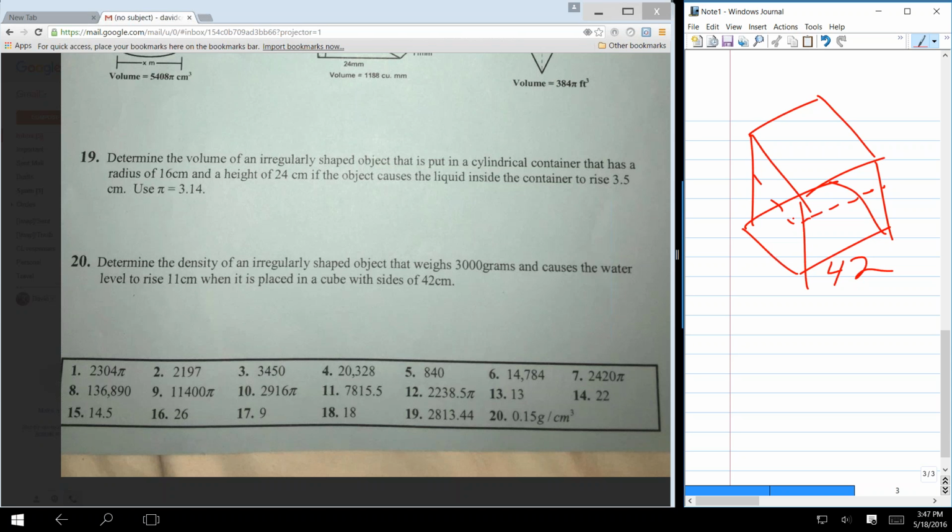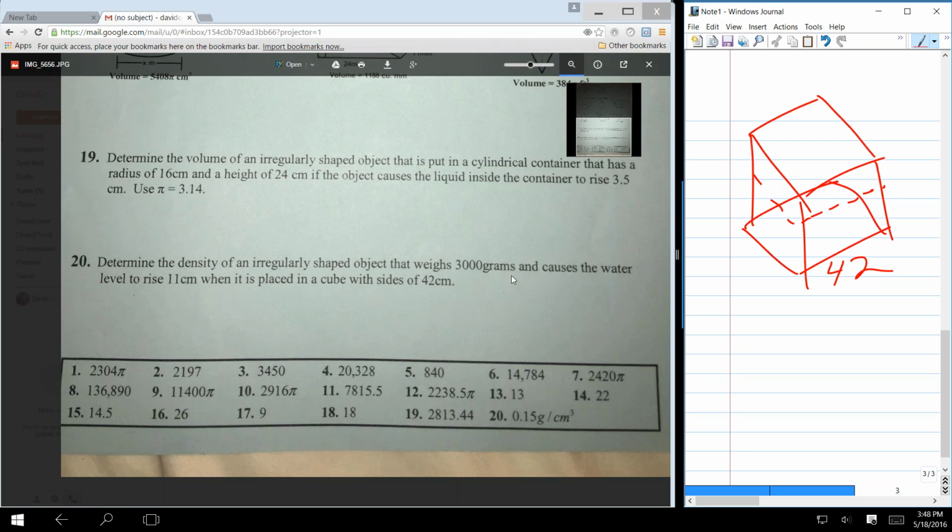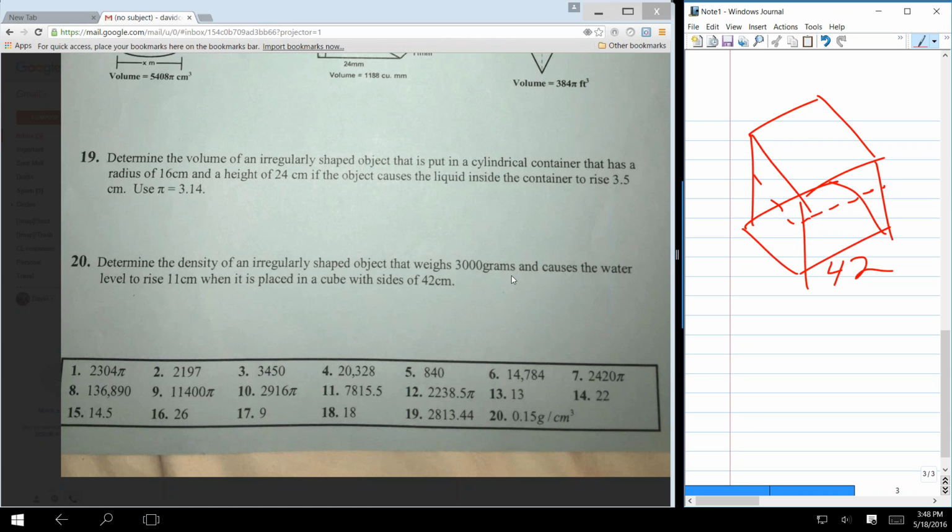Oh. That's not what you want. You want the volume of the irregularly shaped object that you placed in the water. And that is the same volume as the amount of water that is displaced. So there's the water level before we put it in. Here's the water level after we put it in.